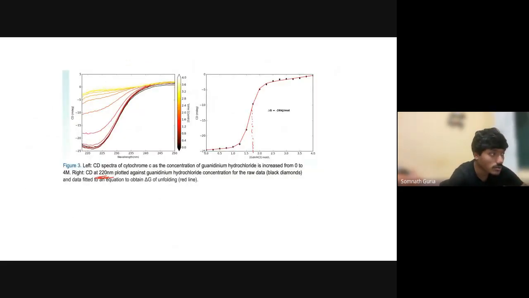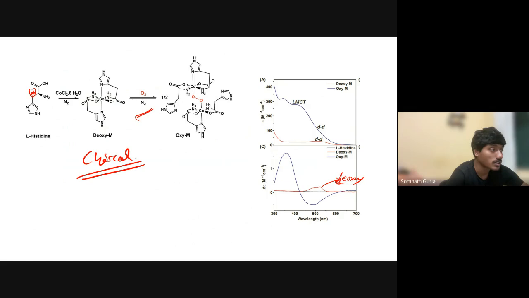Okay, and furthermore, protein denaturation with respect to different pH as well as different temperature can be monitored by CD spectroscopy. Further, we discussed one example, the cobalt histidine molecule, where oxygen sensing happens.